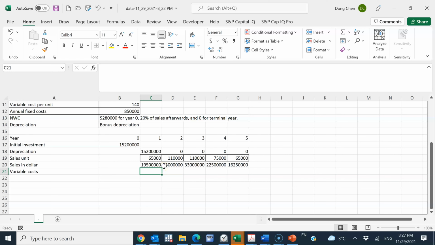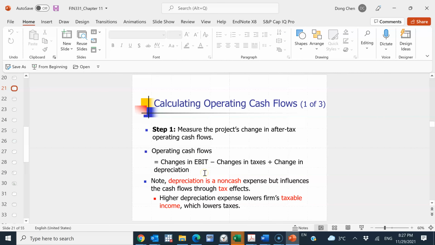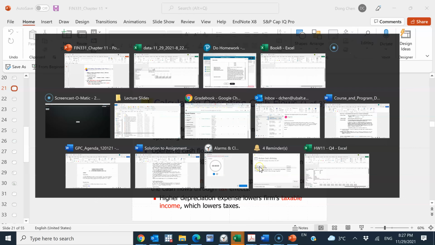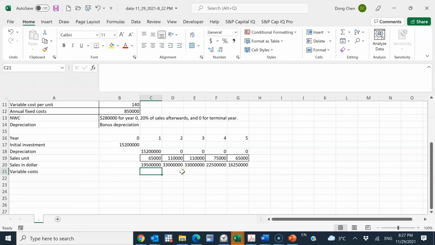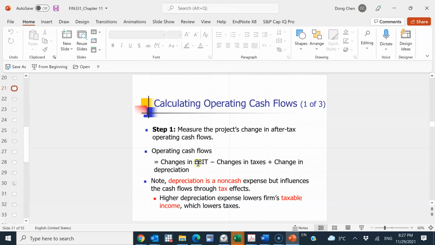That's why I don't specifically mention the changes here, but we should understand this means the incremental numbers for each of these inputs. And that's the reason why I focused on the sales, the cost, and the depreciation, because then that can generate the EBIT.